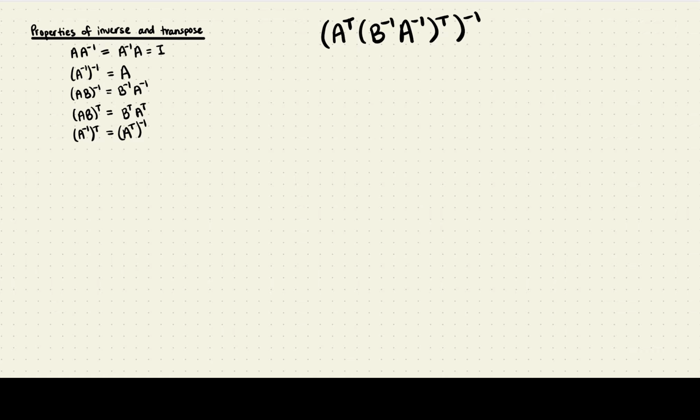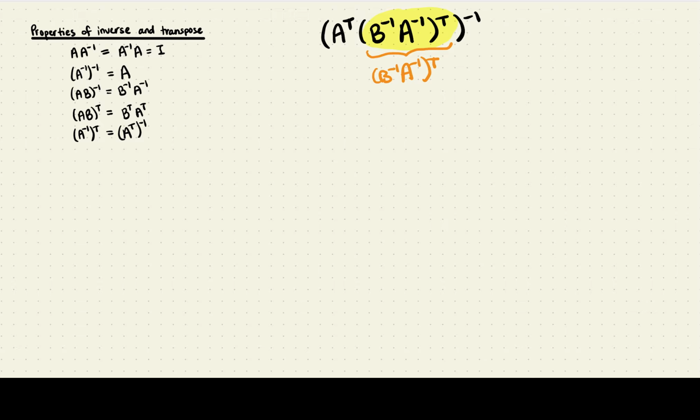All right, so let's get started here. First, I'm going to start with what's in the parentheses in this area here. So what is this B inverse A inverse transpose? Okay, so I'm going to try to sort out what that should be. So B inverse times A inverse transpose.